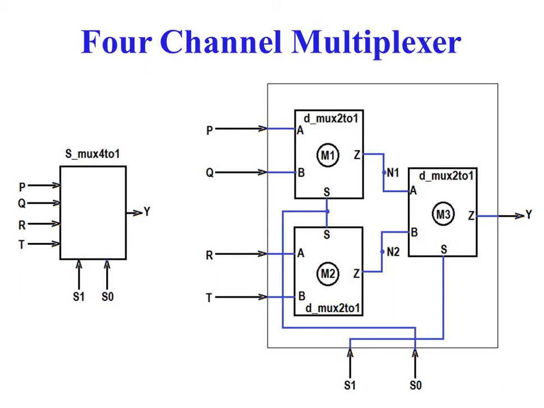The four channels are P, Q, R and T. The select lines are S1 and S0 and the output is defined as Y. On the right side of the screen we can see the internal diagram where three 2:1 multiplexers are used to implement the 4:1 multiplexer. The 2:1 multiplexers are labeled as M1, M2 and M3. Module name of the 2:1 multiplexer is D_MUX221.